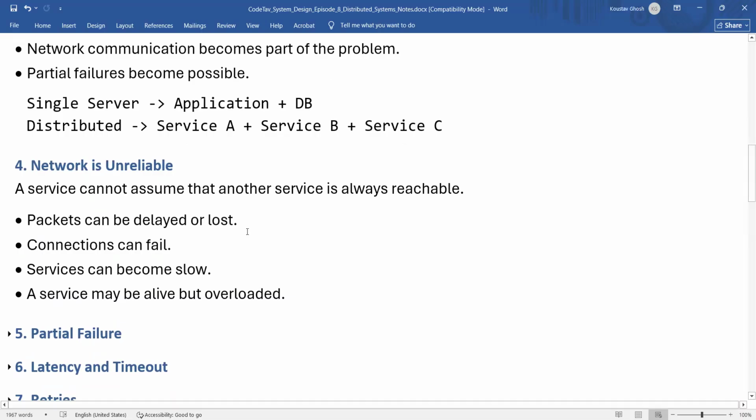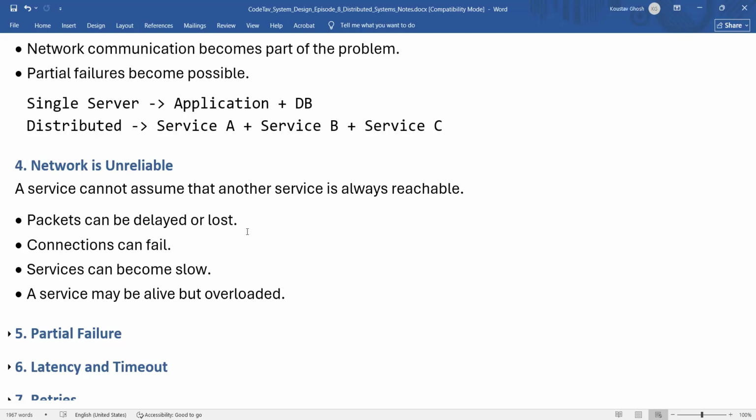In a normal Java application, when we call a method, suppose in a banking application we are just calculating some price, the method call happens inside the same process. So usually it is very fast, right? But imagine calling another service, like from the order service, the request goes to the payment service, and from the payment service the response comes back to the order service.